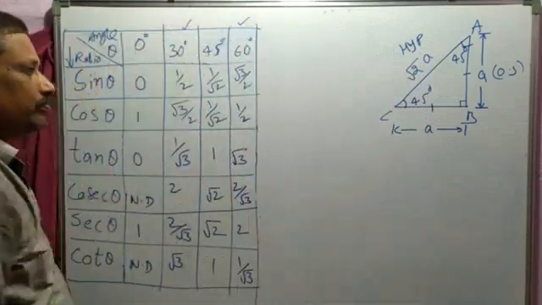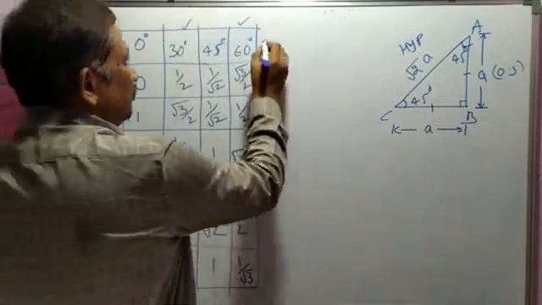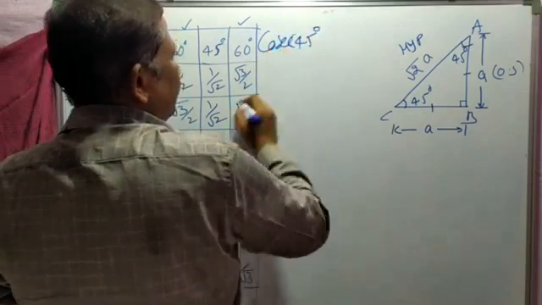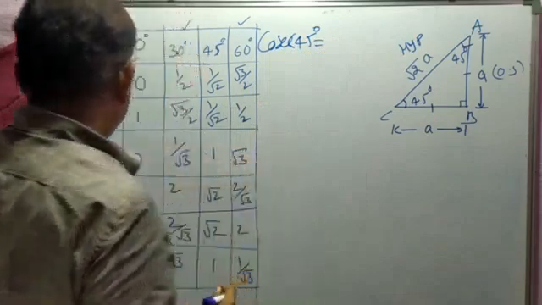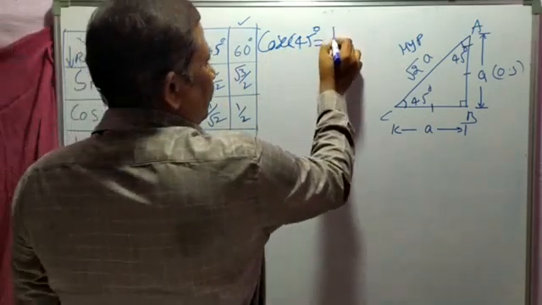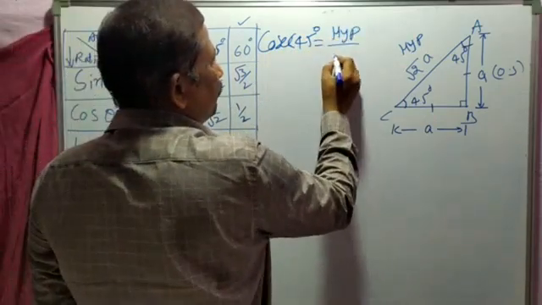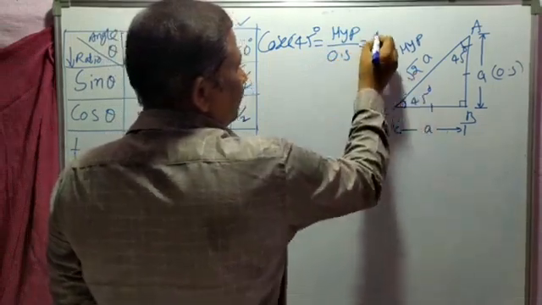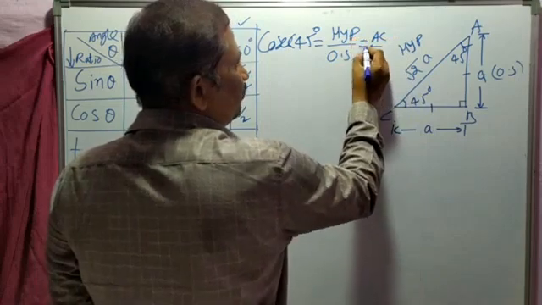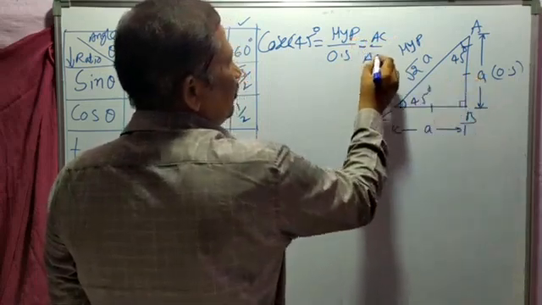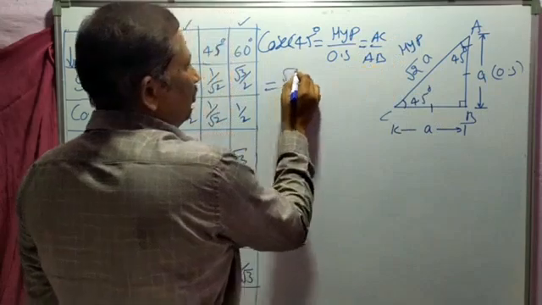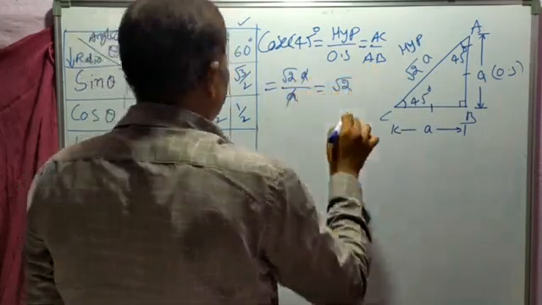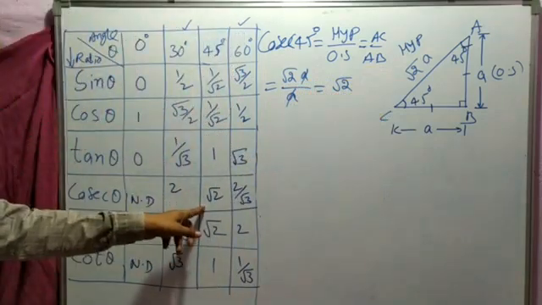So now cosecant 45 degrees. It is a reciprocal of sine. Hypotenuse side by opposite side. What is the hypotenuse side? It's AC. By opposite side, AB. So write down the values. Root 2 A by A. A gets cancelled, root 2 will come. See, we get root 2 now.